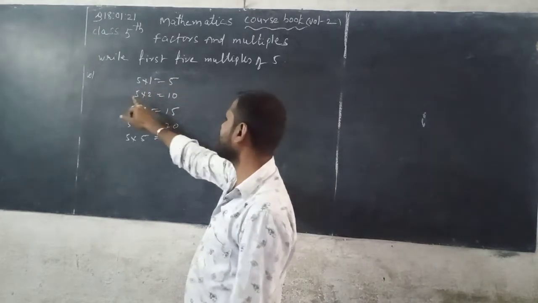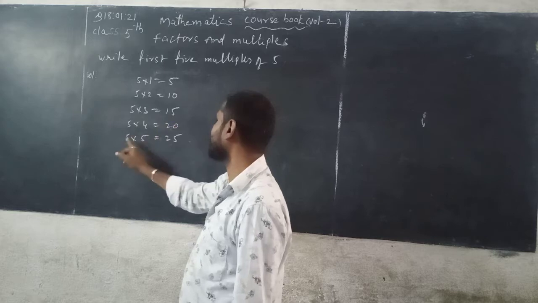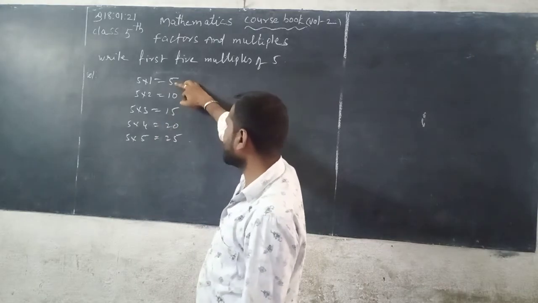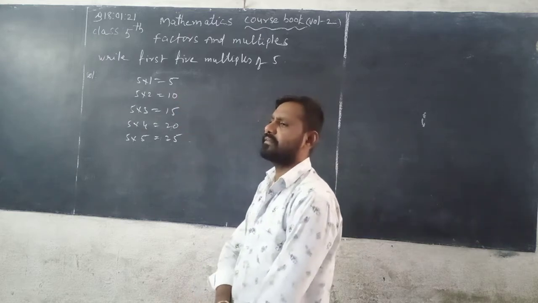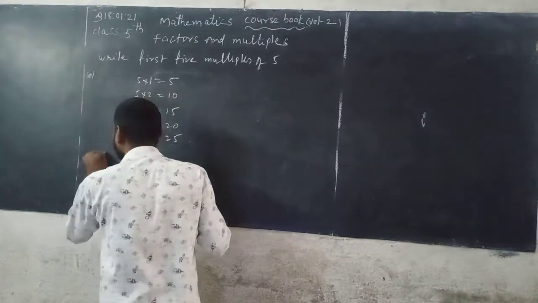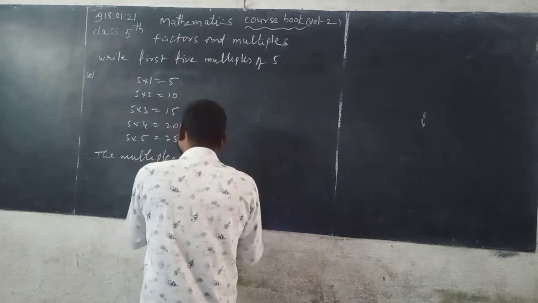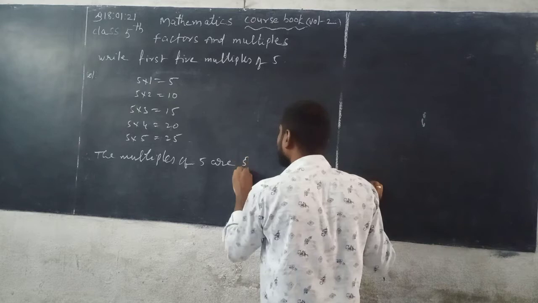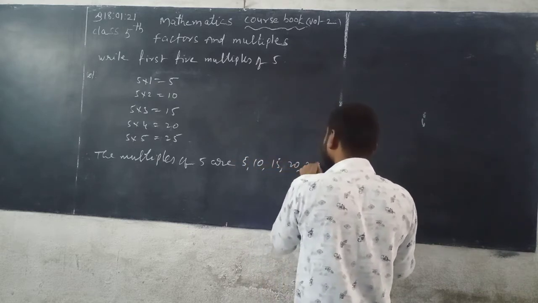Here 5, 10, 15, 20, 25 are the multiples of 5. So therefore the multiples of 5 are 5, 10, 15, 20, 25.